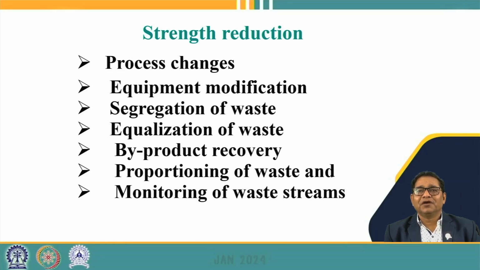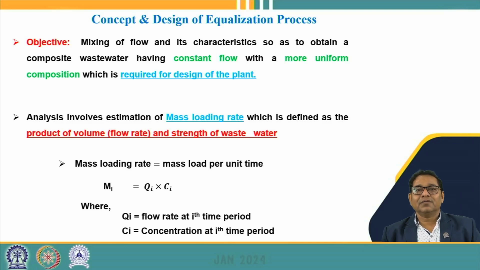These solids may be organic or inorganic, and they can be reduced by changes in the process, changes in the equipment, segregation of various types of waste, equalization of waste, proportioning of waste, and monitoring and management of different waste streams, so as to ultimately generate wastewater of lesser strength from these systems. So let us start with the concept and design of equalization flow.